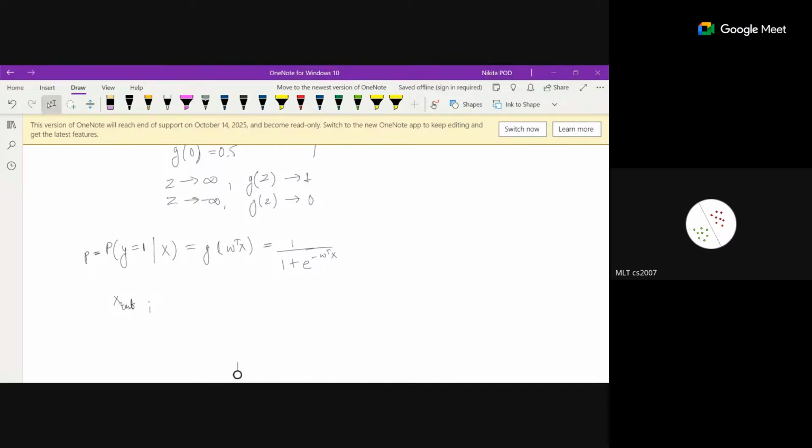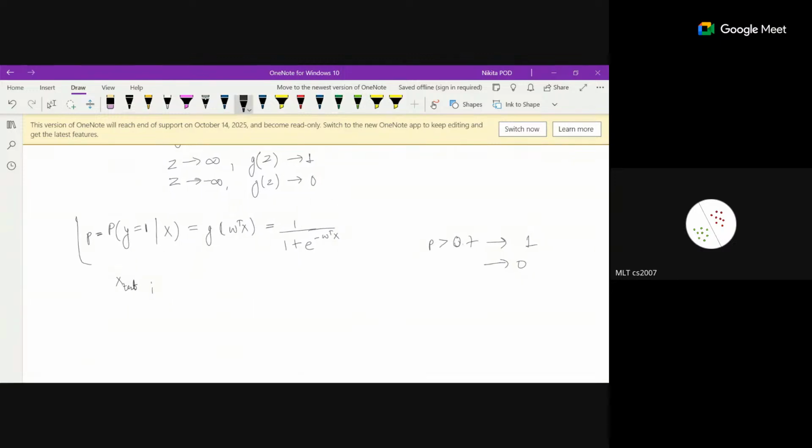Maybe it is given that if P is greater than 0.7, I will classify this as class 1. Otherwise, I will classify it as 0. This is how we can predict in case of logistic regression.